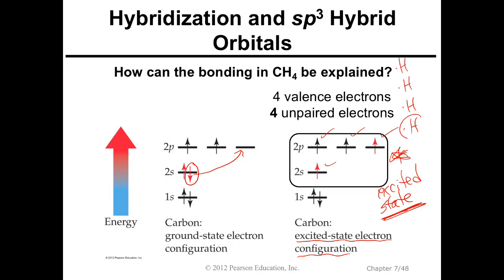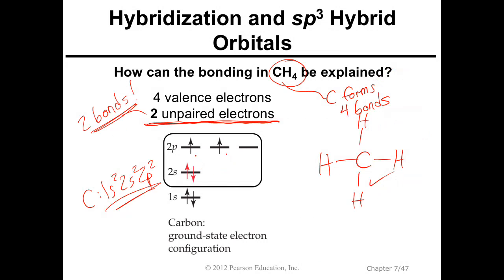One of these is going to bond with a 2s, and then 3 will bond with a p orbital, so you'd have unequal bond lengths. Maybe one that's really strong, and then weaker bonds which would be longer. But we know that in methane, all of these bond lengths and strengths are the same.